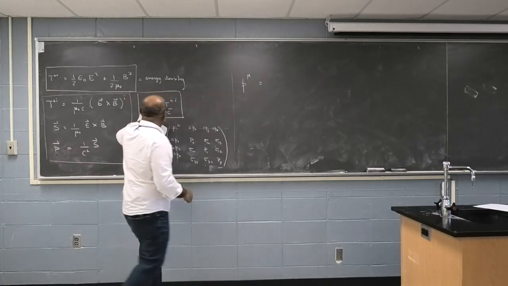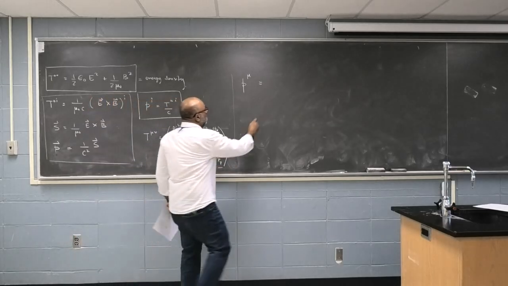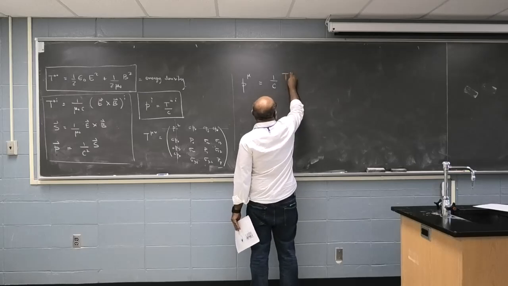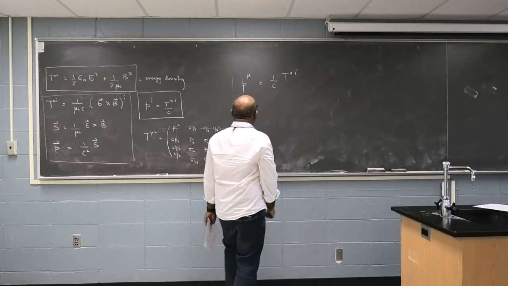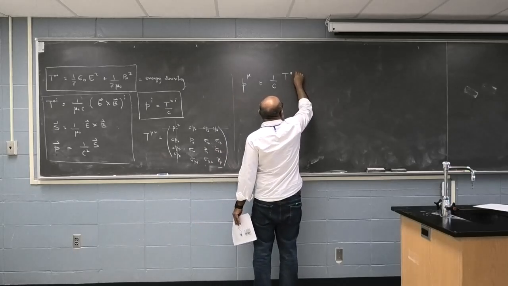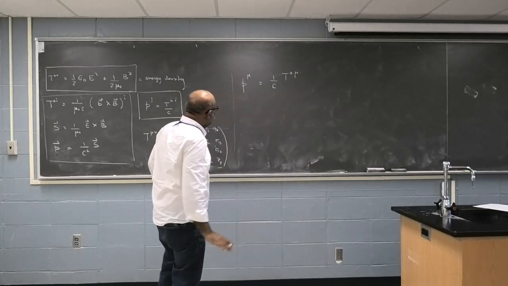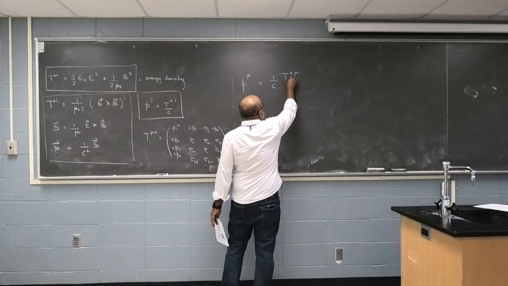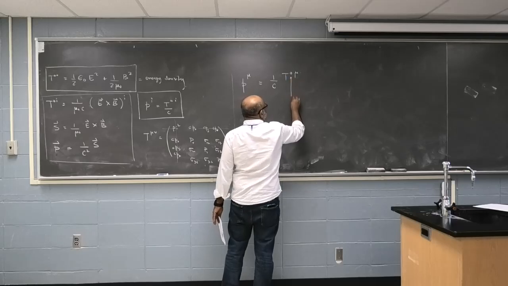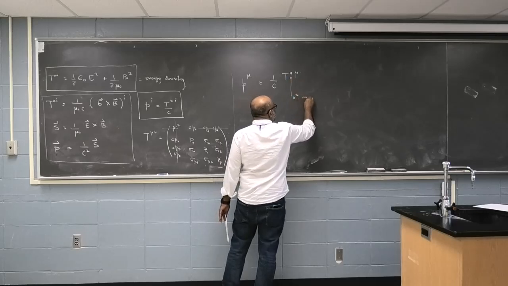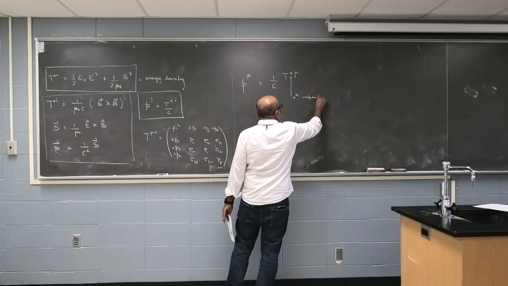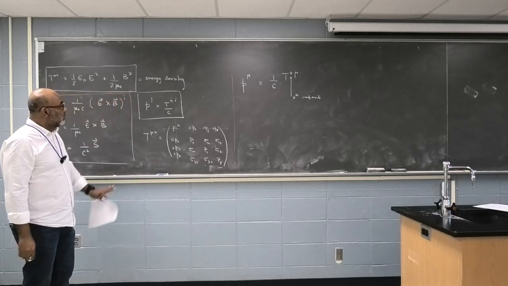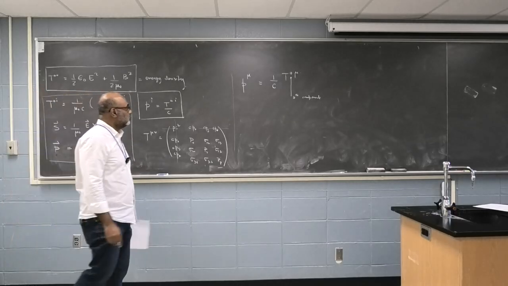And I'm looking at this guy right here, and I'm going to define this as 1 over c T0 mu. Okay? Clearly, this is not a 4-vector, because this is just a 0th component. And we know components of tensors don't transform as vectors. Okay? So this is not a 4-vector.